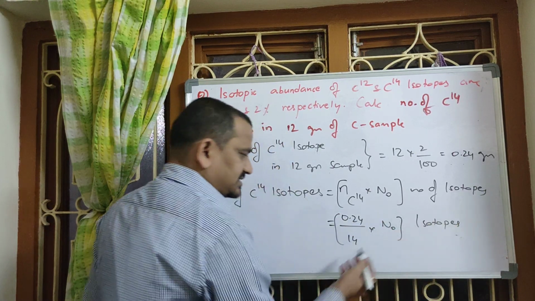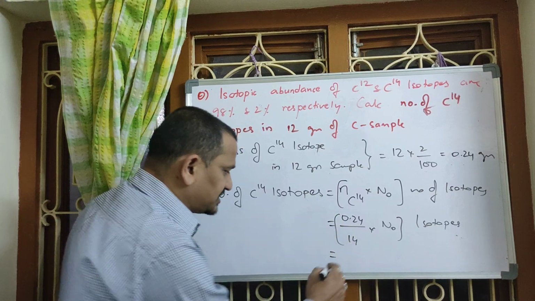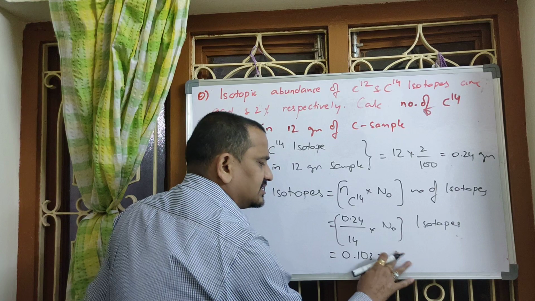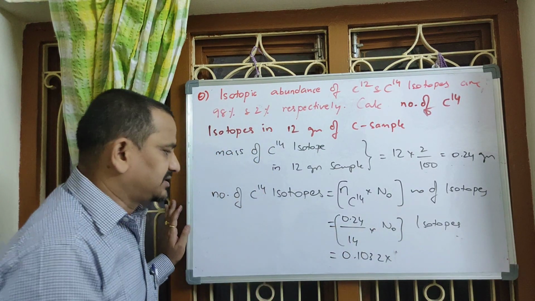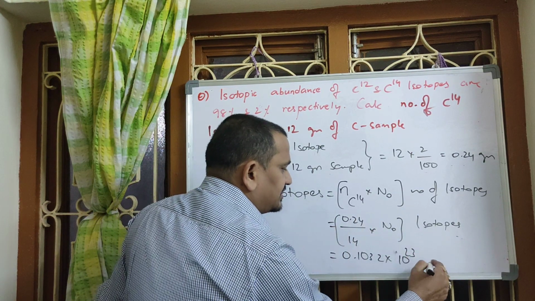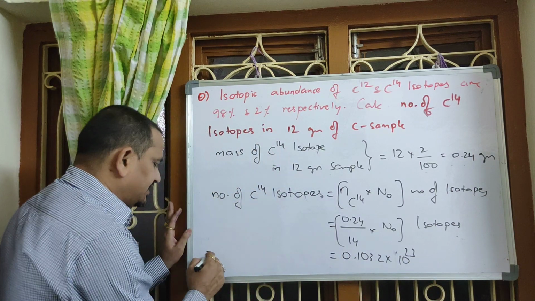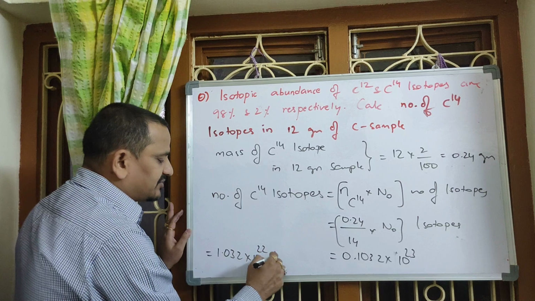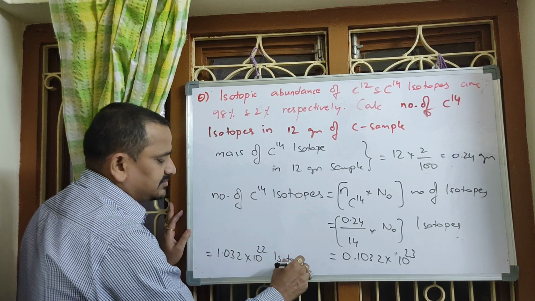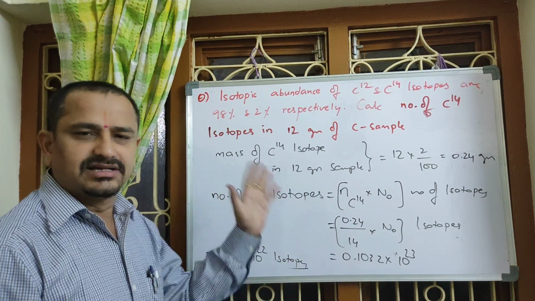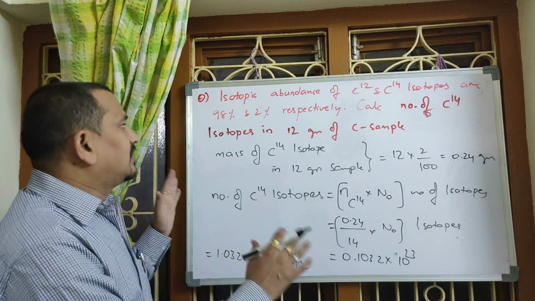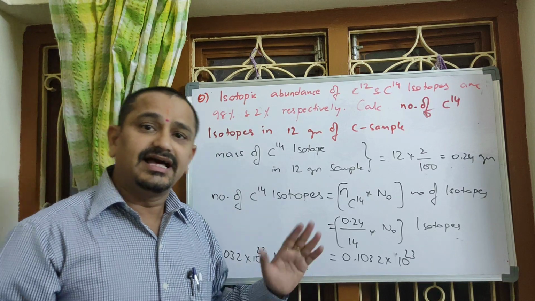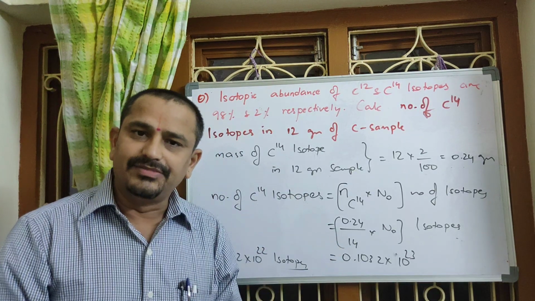On simplification it will be approximately 0.01714 into 6.023 into 10 power 23, whose value finally we can write as 1.032 into 10 power 22 isotopes. So it is mere calculation. This is how some numericals are possible on average isotopic mass as well as on isotopic abundance.